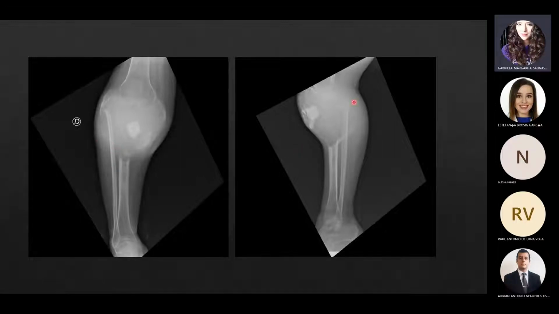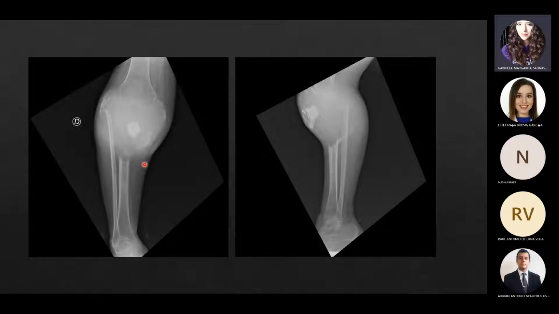We can see it here, with a thin recline, with subchondral sclerosis, and without subchondral sclerosis, which is a really important feature of this tumor. And we considered as the first diagnostic option giant cell tumor without being able to rule out chondrosarcoma.